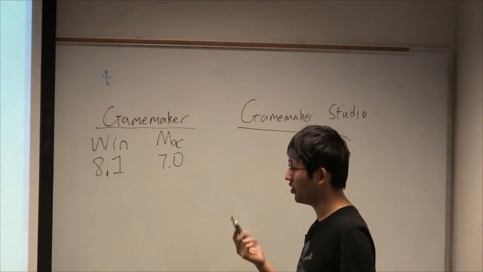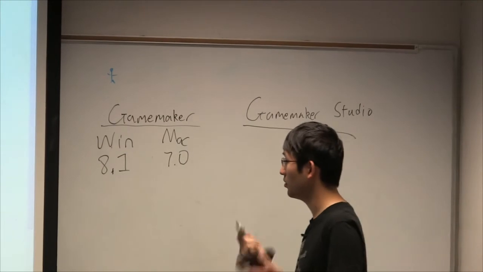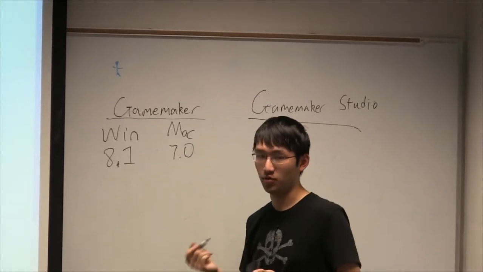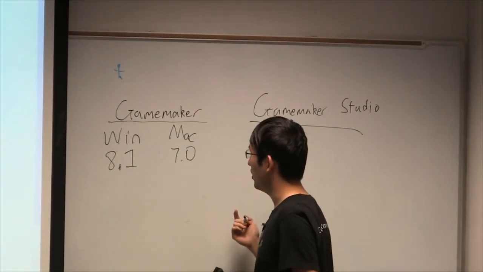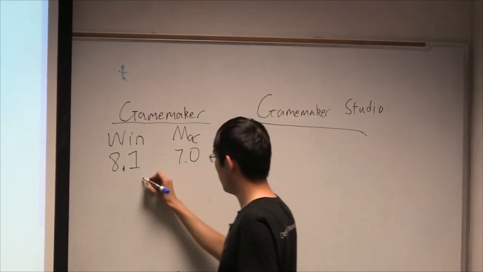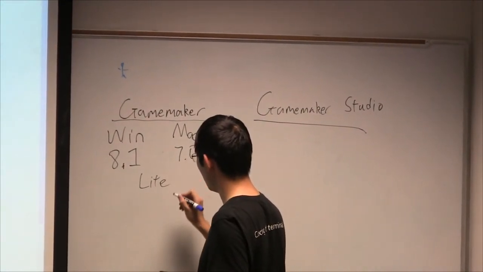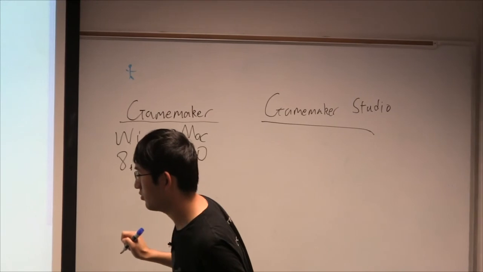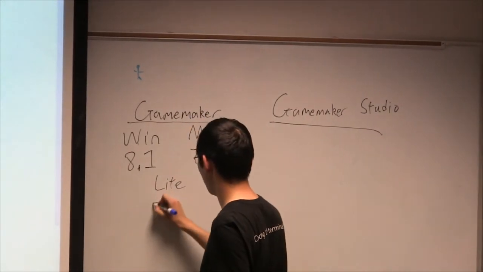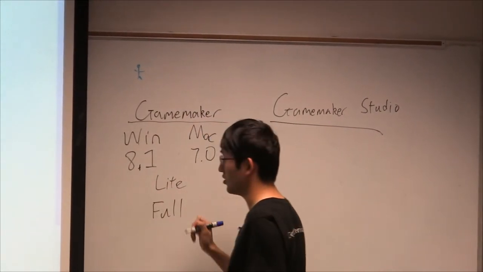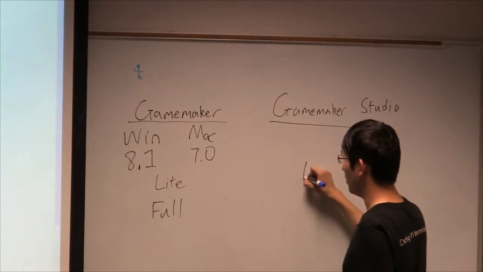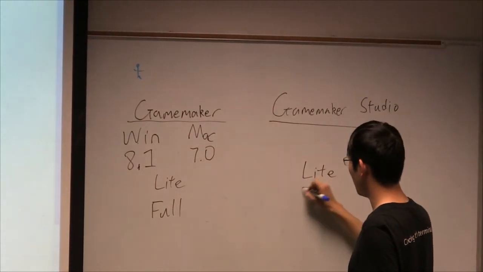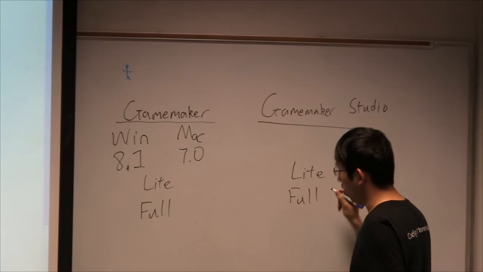I think it's been in development since 2003 by some personal hobbyists before they were purchased by Yo-Yo Games. So they both provide light and, what do they call it, full version? I'm just gonna say full. They might call it something different. I think they call it standard. So they both have light and full versions.